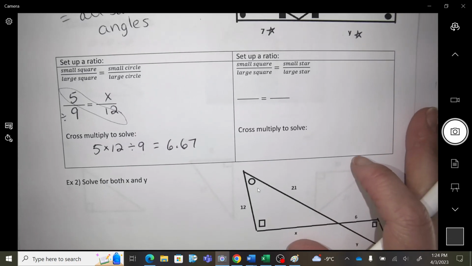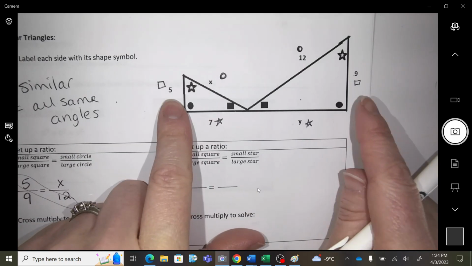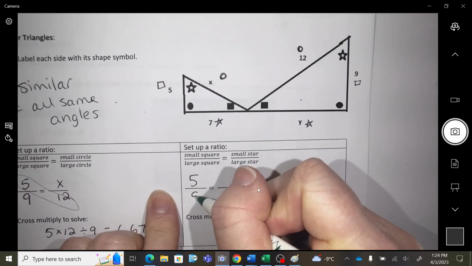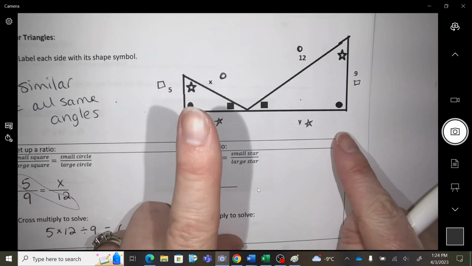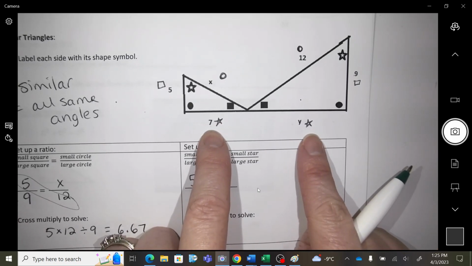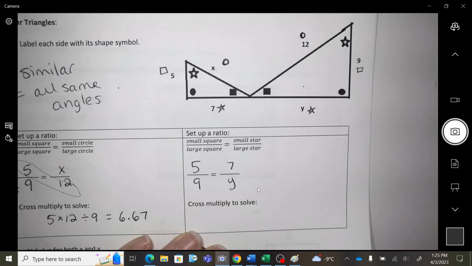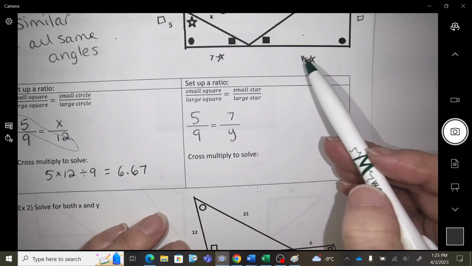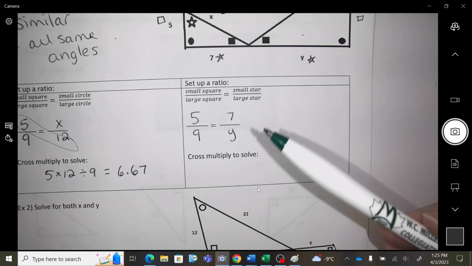Okay, let's try that again. The ratio of this 5 to 9 should be also the same ratio as what to what? These two sides should be the same ratio, so 7 to y. Do you notice how I'm writing them always the smaller triangle to the big triangle?